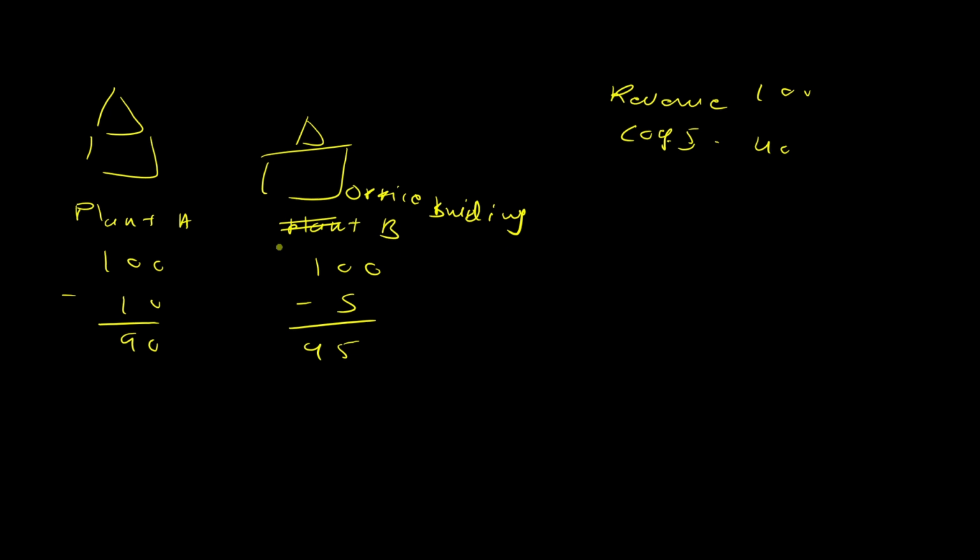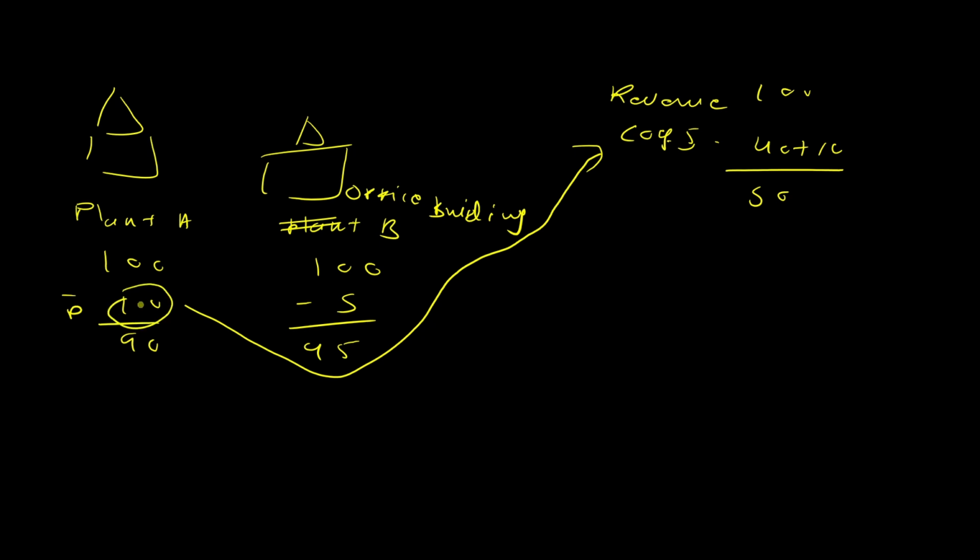Then I can show the depreciation of plant A in COGS as a 10. This depreciation is treated function-wise, and the office building depreciation goes into SG&A, 30 plus 5, also function-wise. Or I can show depreciation nature-wise below the EBITDA.